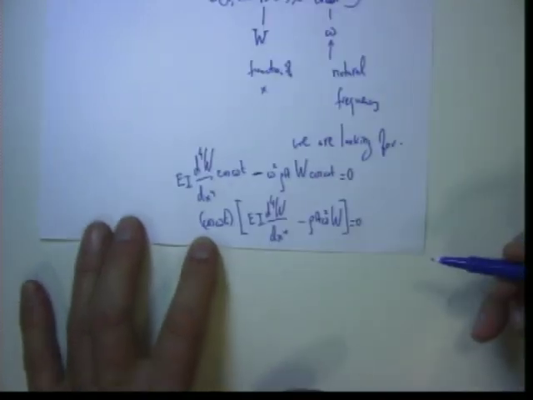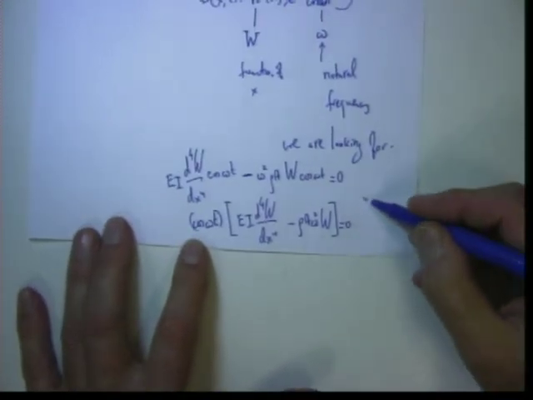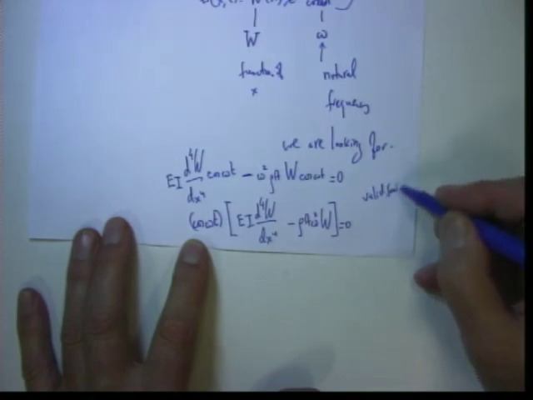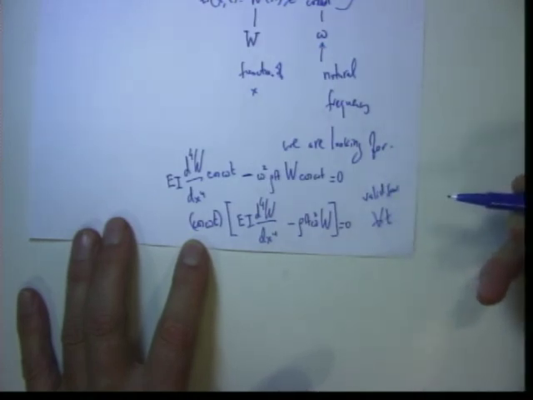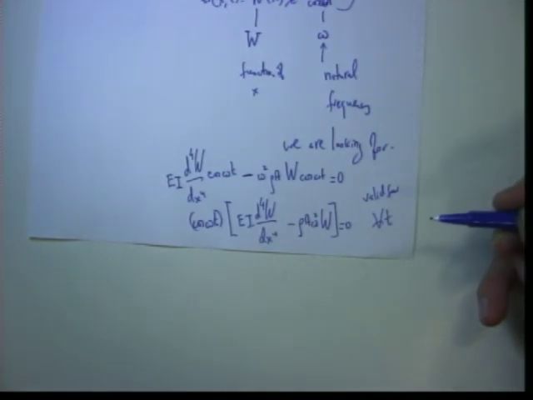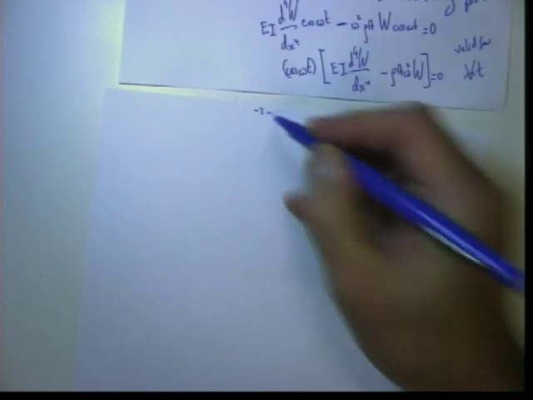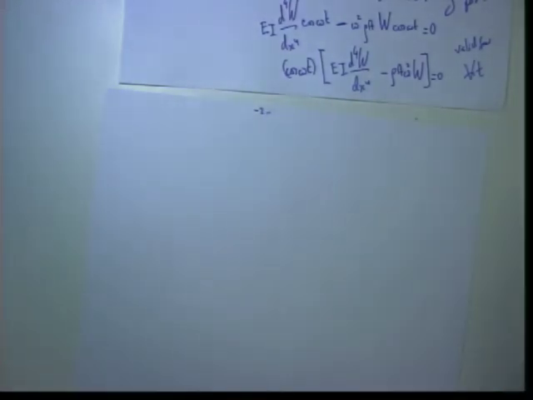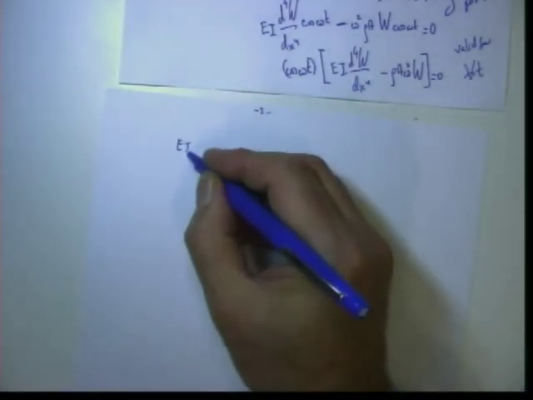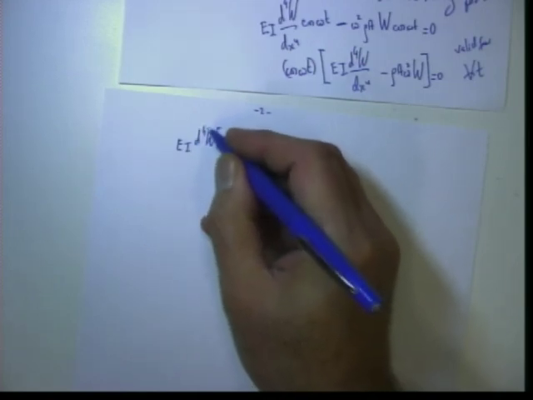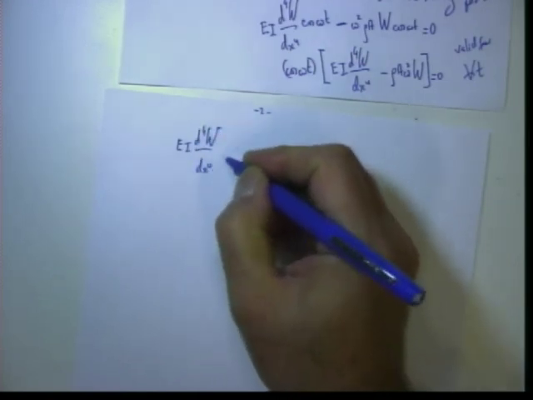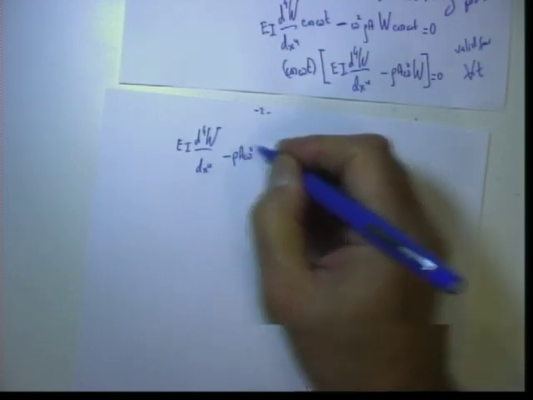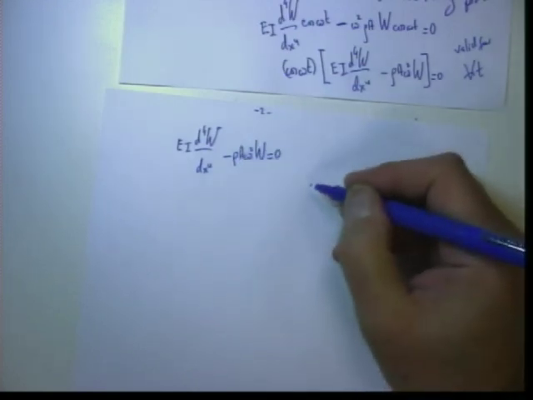Now this equation should be valid for all t's. So therefore, we can write down this governing differential equation as EI d4W/dx4 minus rho A omega square W equals 0.